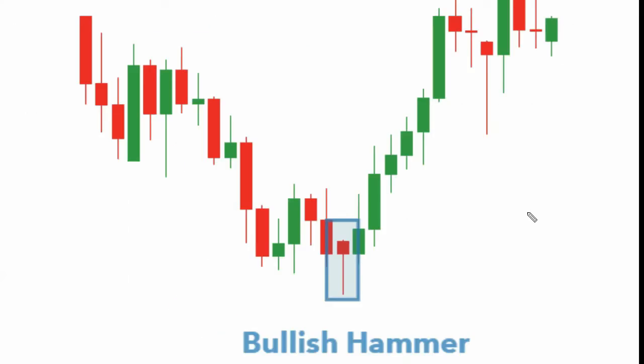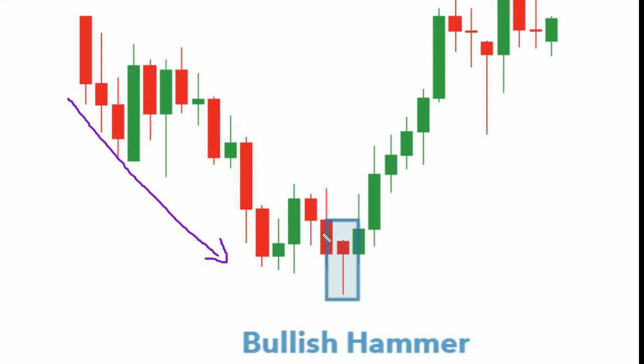As you can see in the chart, there is a formation of a bullish hammer at this point. So let's check all the conditions necessary to confirm the bullish hammer trade. First condition, there should be a downtrend. Second condition, the formation of the hammer, and the low of the hammer should be the lowest among its neighbors.